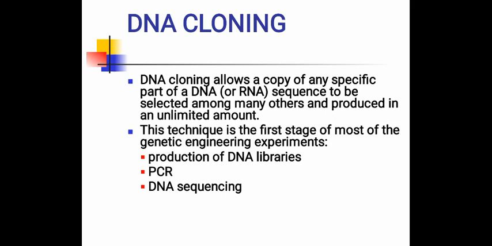Whatever we want, if we want a gene, for example the insulin gene or some other gene, with the help of this DNA cloning we can produce an unlimited amount of it.